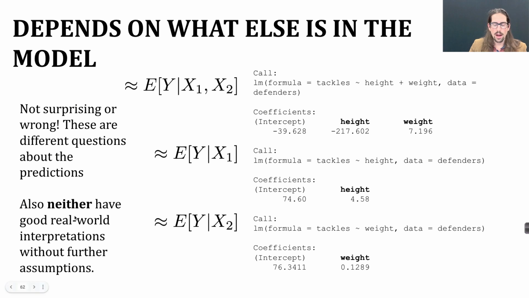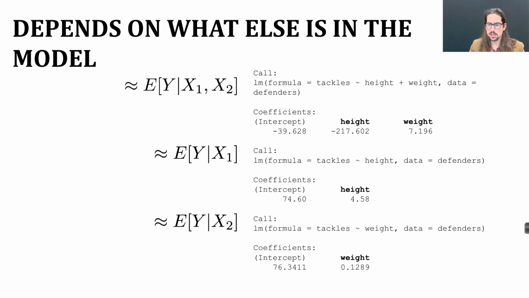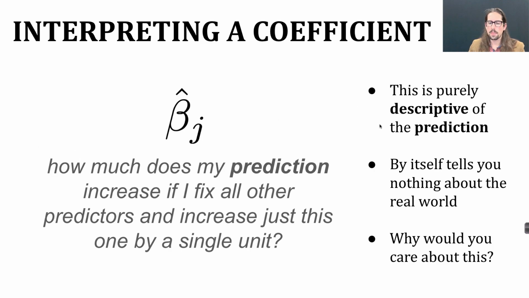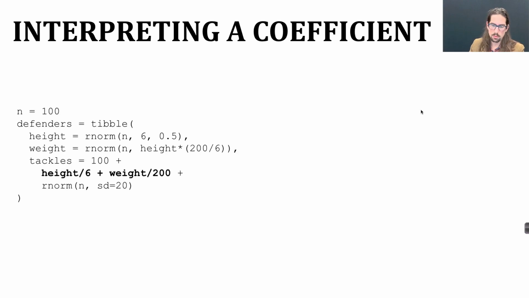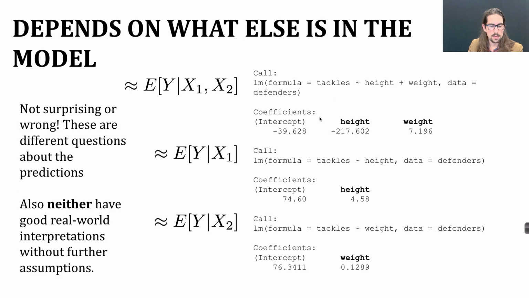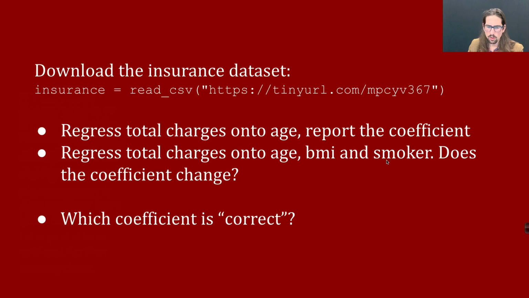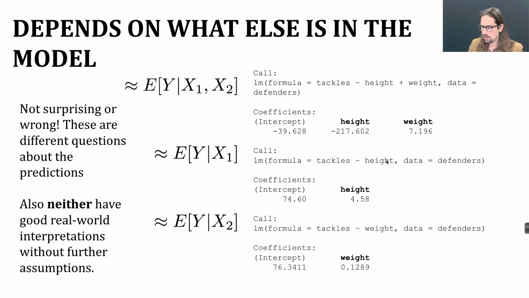And moreover, I would say neither of these have good real-world interpretations unless you're willing to make further assumptions, because like we saw here, this is really just descriptive of the prediction function itself, not of the true conditional mean, which is probably nonlinear in the first place. So hopefully that gives you an idea that you can look at linear regression coefficients and try to interpret them descriptively, but really it's just a description.